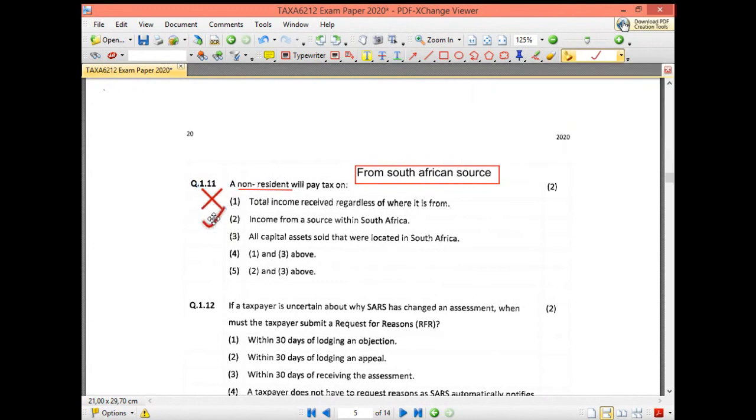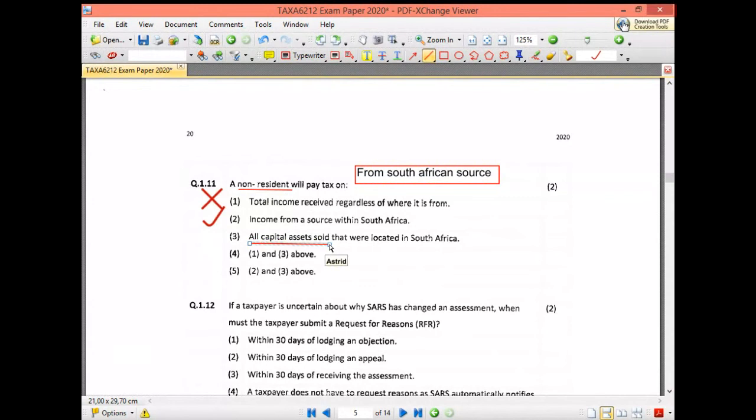Okay, let's see what other information they give you. Number 3, all capital assets sold that were located in South Africa. Originally when I read this, and this is what a lot of you would do, you would actually think this is correct because they state it's in South Africa. But what a lot of us missed is the fact that they say all capital assets, which is not true.